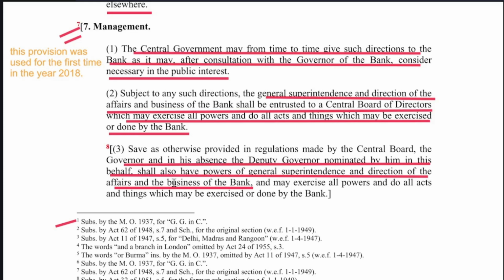But if the governor is temporarily unavailable or absent for some reason, then one deputy governor, nominated by the governor to implement those regulations on his behalf, would provide general superintendence and direction to the affairs of the bank. This is subsection 3.